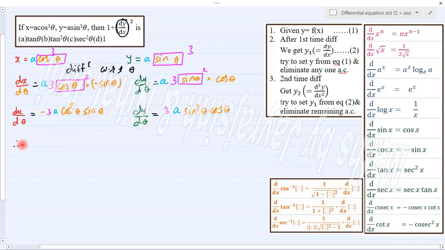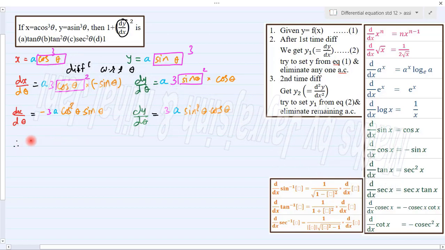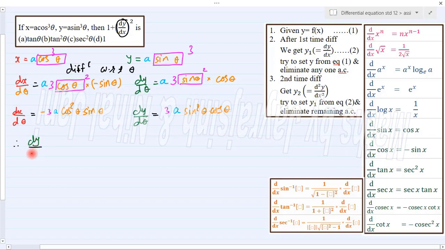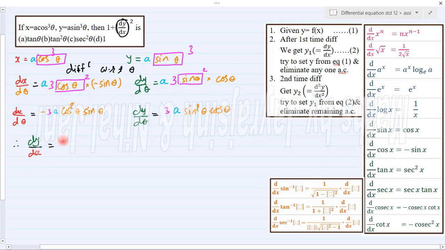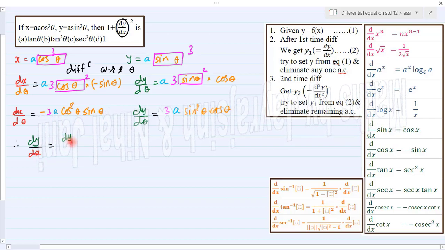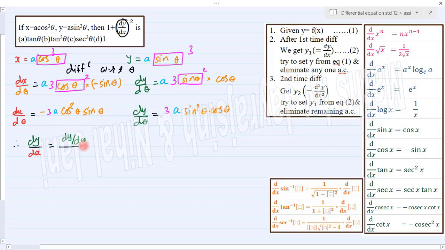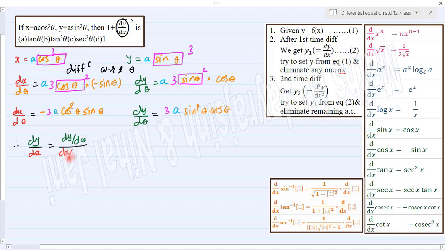So we are ready to get dy by dx by taking ratio of dy by d theta upon dx by d theta.